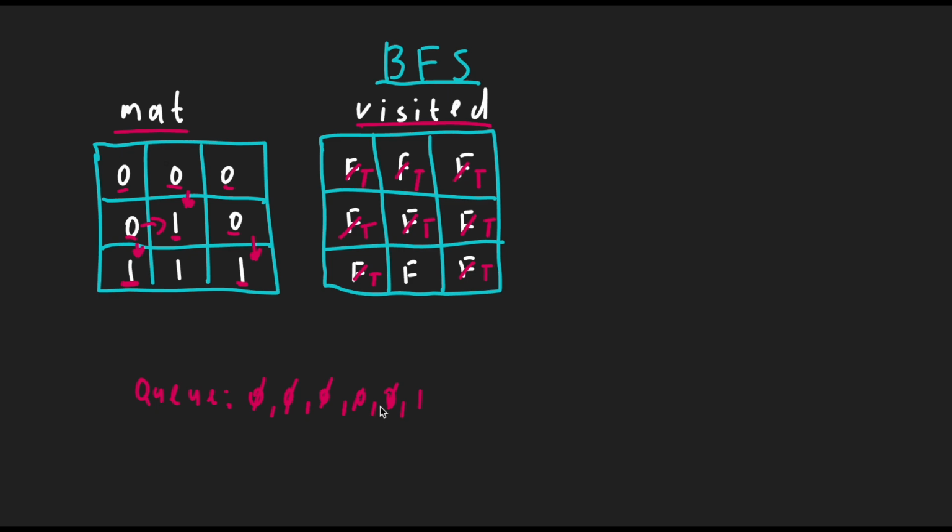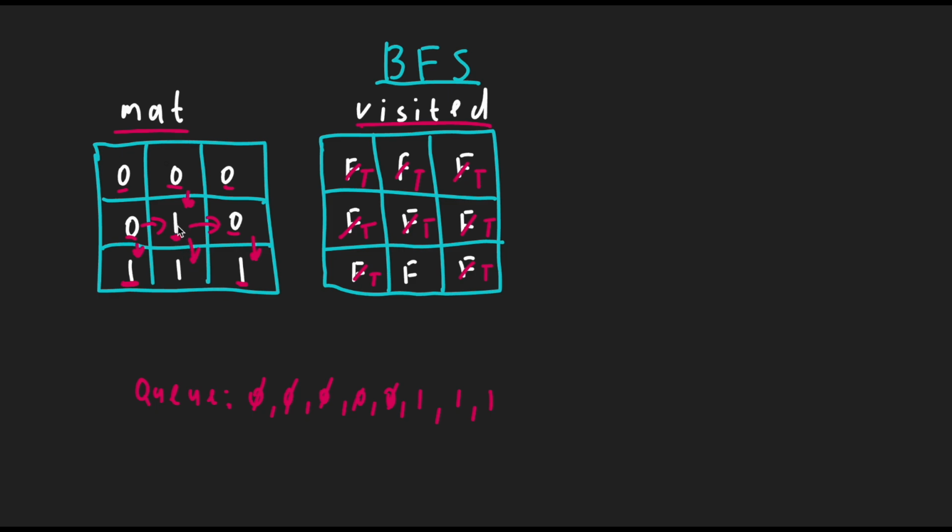And the next one is which one? The next one is 1, right? So this one that we have added, and we are adding this one also, these two ones. So the next one is 1, this one that we have added earlier. Which cells we can visit? We can visit the one on the left, the one on the right, the one above, and the one that is below.